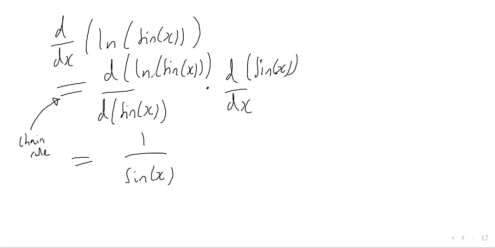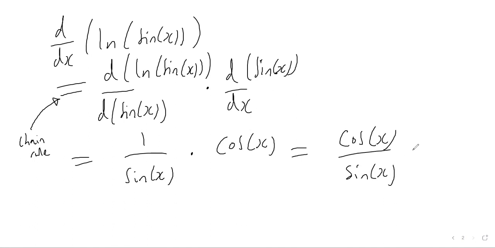And then if we differentiate the sine function, we know from one of my early videos that this is going to give us cos of x. And so by multiplying those two things together, we get cos of x over sine of x. And we know that this is just the same as the cotangent function, so cot of x.